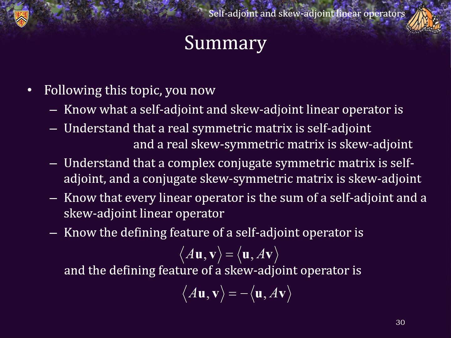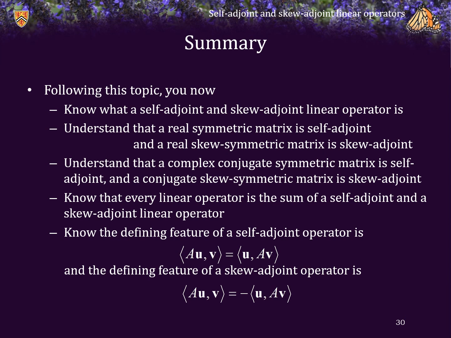Following this topic, you now know what a self-adjoint and a skew-adjoint linear operator is. You understand that a real symmetric matrix is self-adjoint and a real skew-symmetric matrix is skew-adjoint. You understand that a complex conjugate symmetric matrix is self-adjoint and a conjugate skew-symmetric matrix is skew-adjoint. You know that every linear operator is the sum of a self-adjoint and a skew-adjoint linear operator.